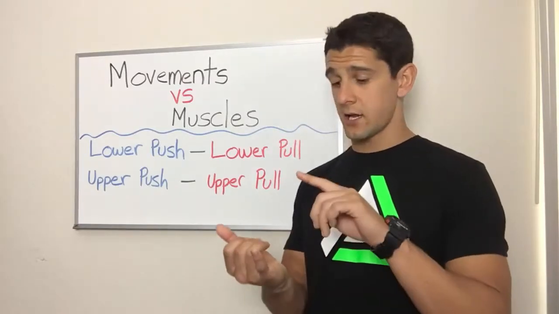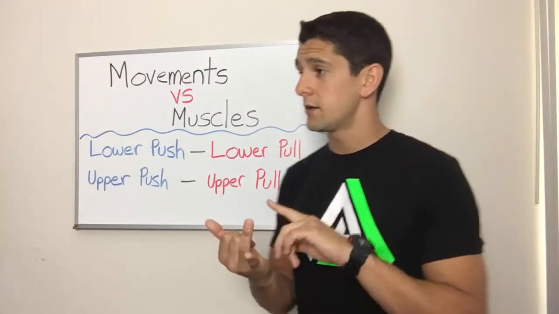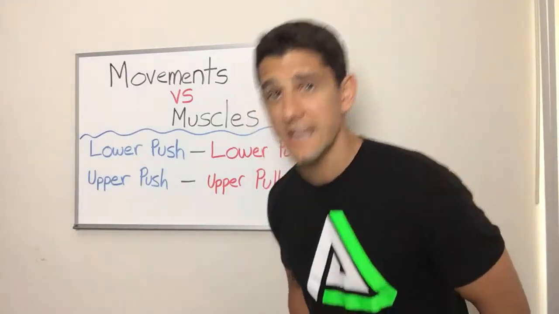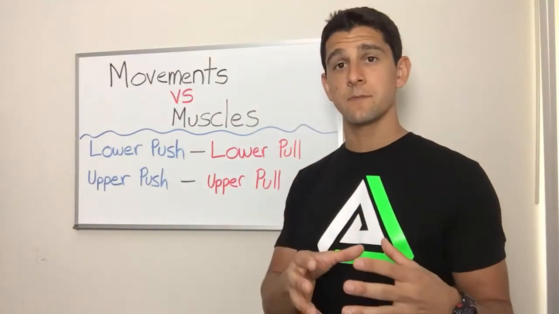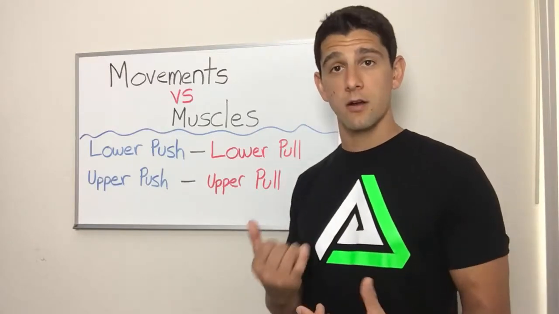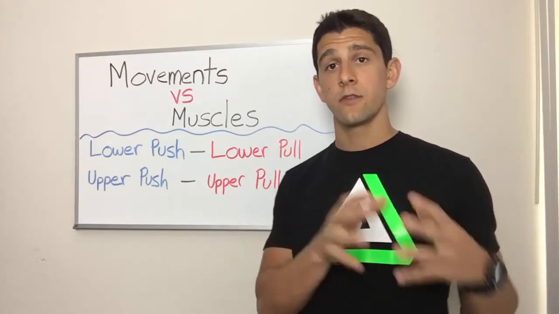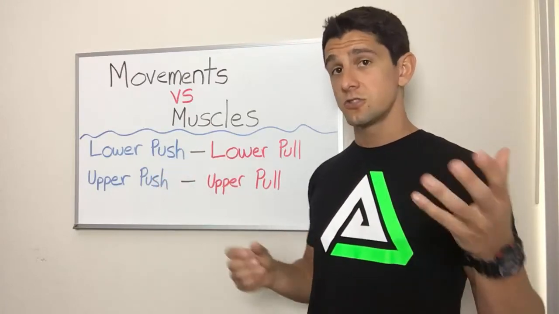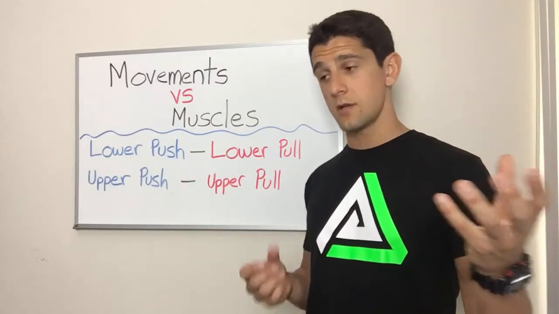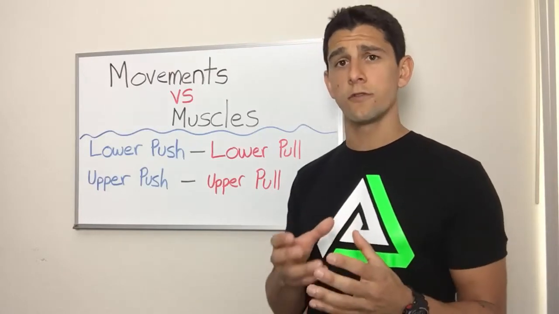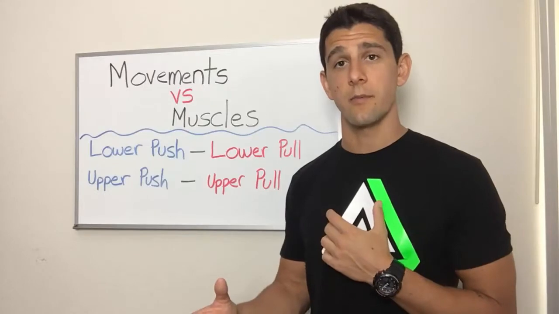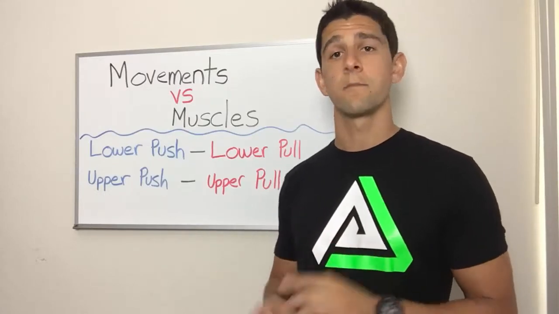This is going to be things like RDLs, hip thrusters, anything that involves bending and extending strictly at the hips, and therefore we're going to be working primarily glutes and hamstrings in those movements, whereas the knee dominant or lower push exercises still can involve glutes and hamstrings, but the primary movers tend to be glute and quad dominant versus glute and hamstring dominant. So your glutes get hammered on both ends there.